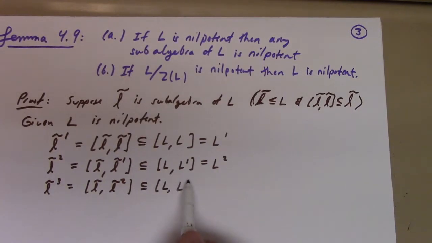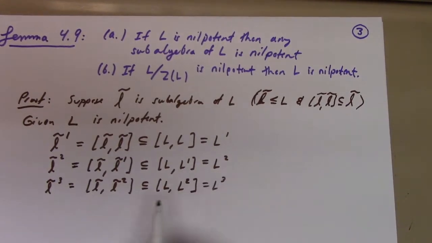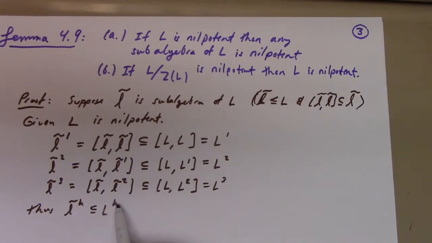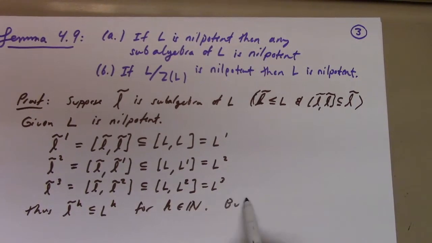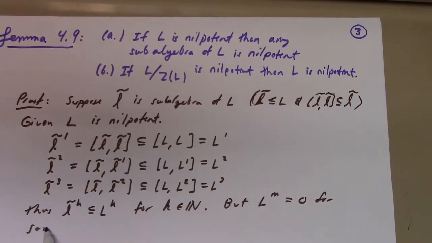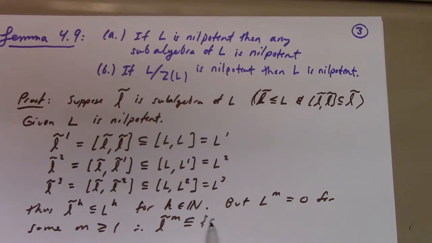So as you predicted, it is in fact an abusive manifold use of this subset product theorem thing, which is L3, etc. So thus we have L tilde k a subset of Lk for k in the natural numbers, but Lm equals 0 for some m greater than or equal to 1, therefore L tilde m is also a subset of 0.